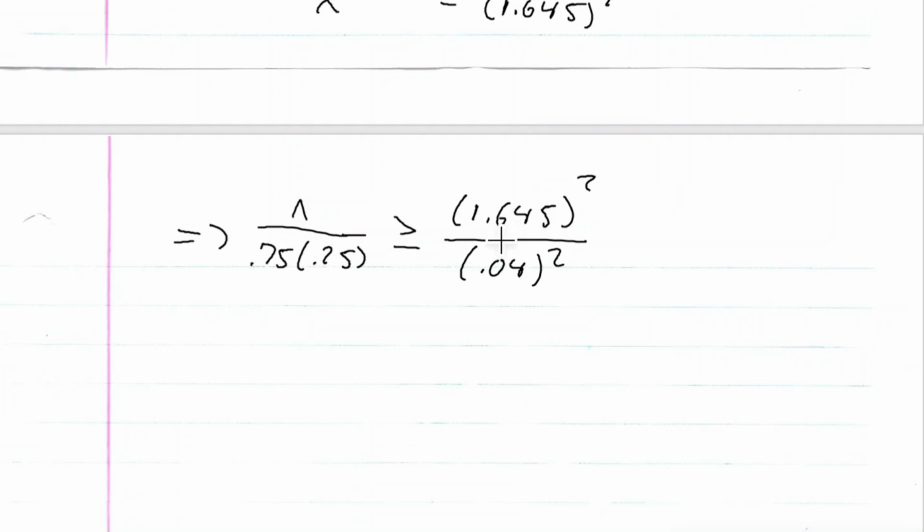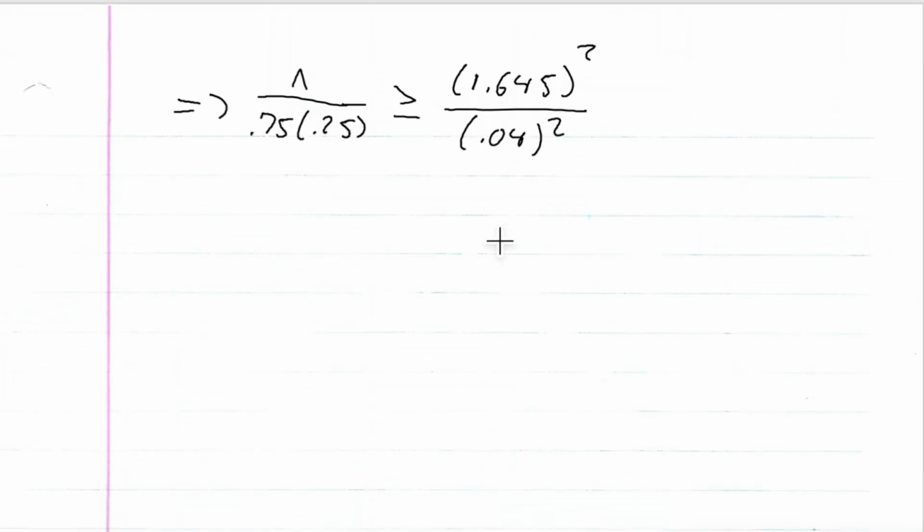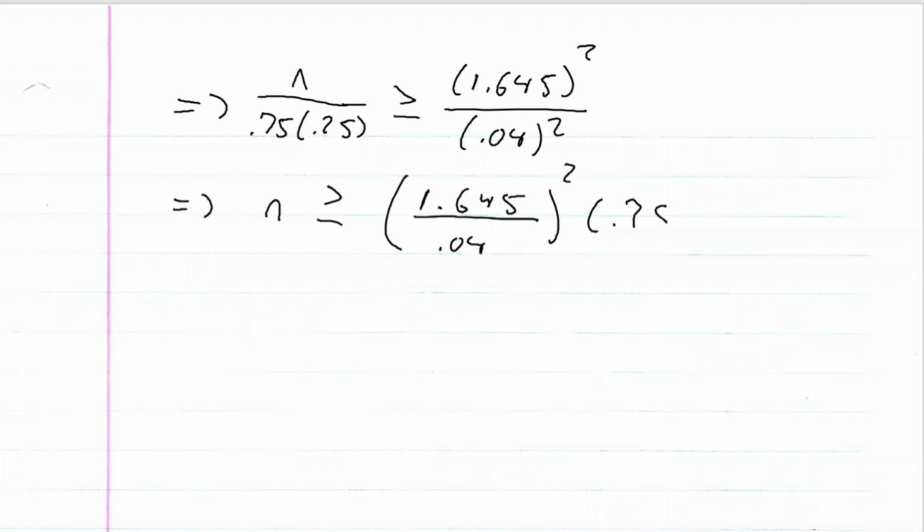And now, of course, we need to solve for n. So n is going to be bigger than or equal to 1.645 over 0.04, squared, times 0.75 times 0.25. And this implies that n has to be bigger than or equal to 317.11.